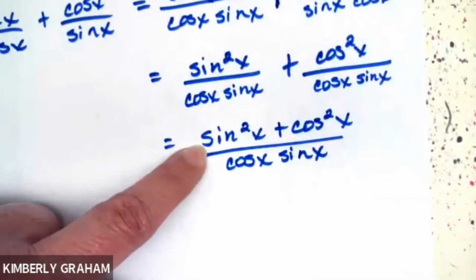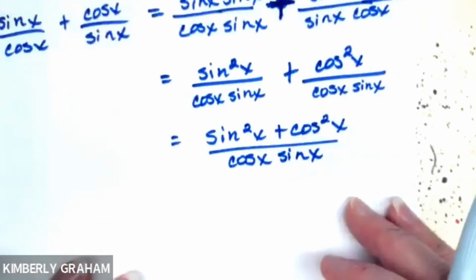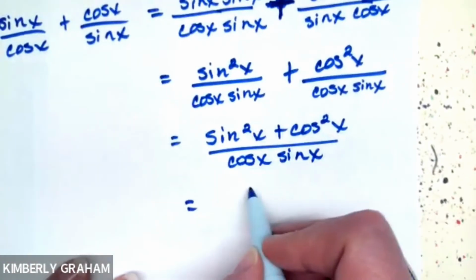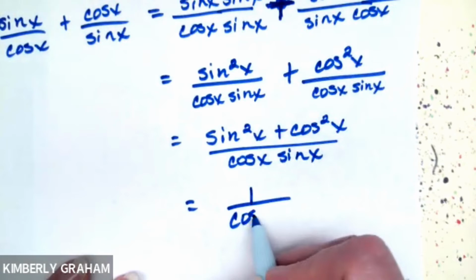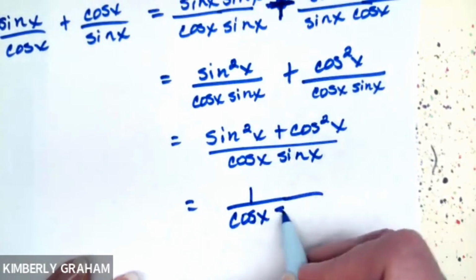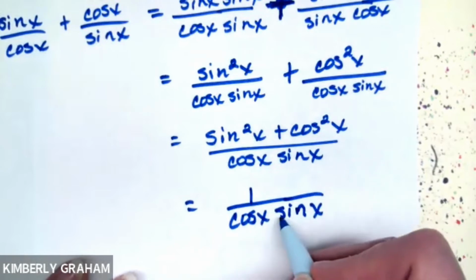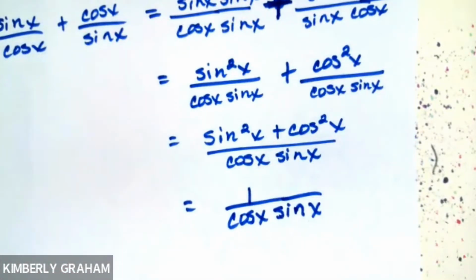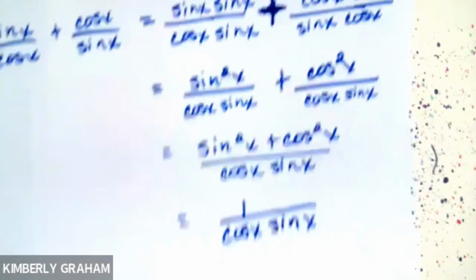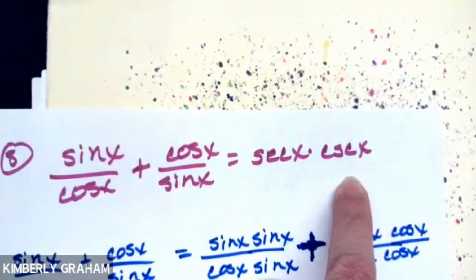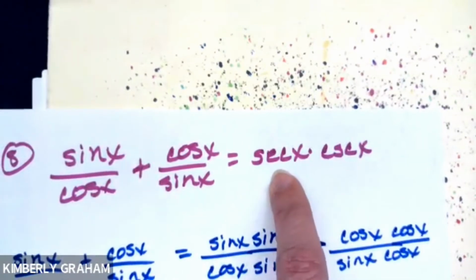And this is a Pythagorean identity. Sine squared plus cosine squared is 1. So I have 1 over cosine x sine x. So it looks like I'm on the right track here because I've gotten rid of my addition signs. I just have multiplication. I want my answer to be secant times cosecant. I know secant's 1 over cosine.